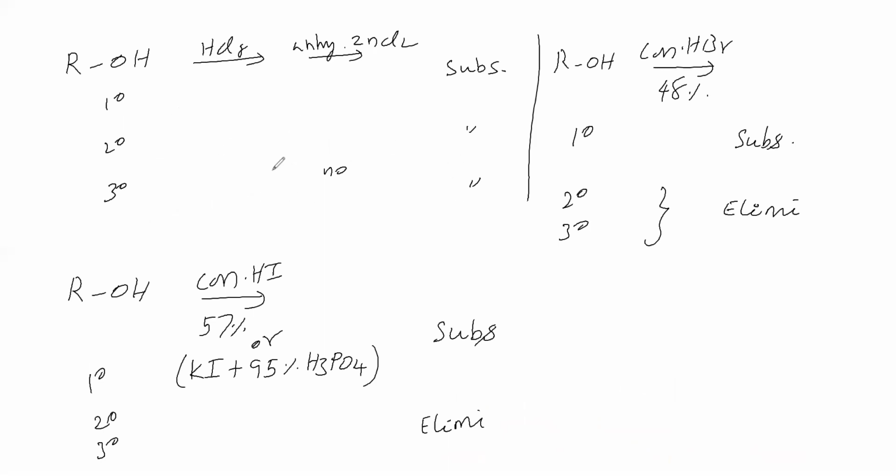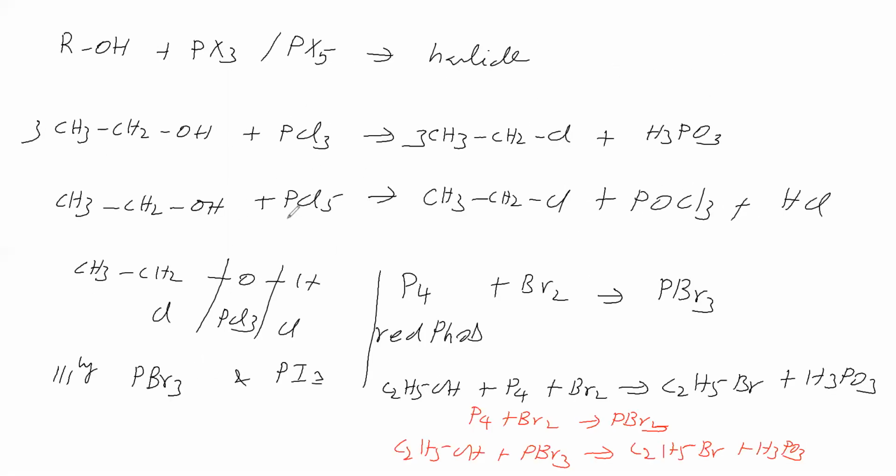Is there any advantage or disadvantage? Here, secondary and tertiary alcohols undergo dehydration, therefore we get elimination product, whereas in this case there is no chance for elimination. Therefore, it is better than the halogen acid method.